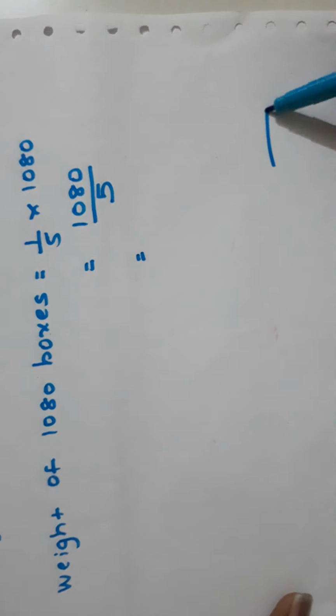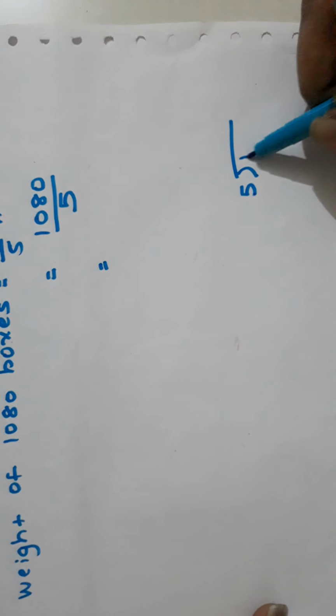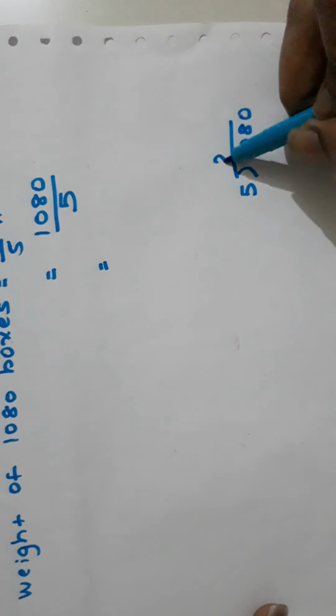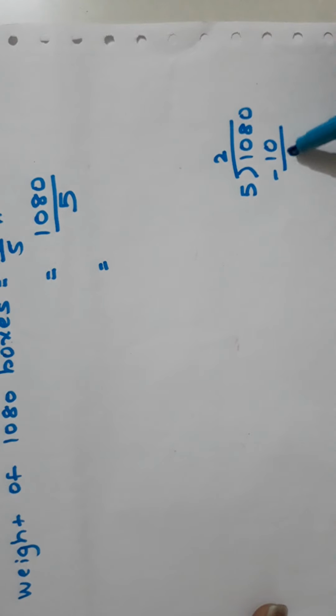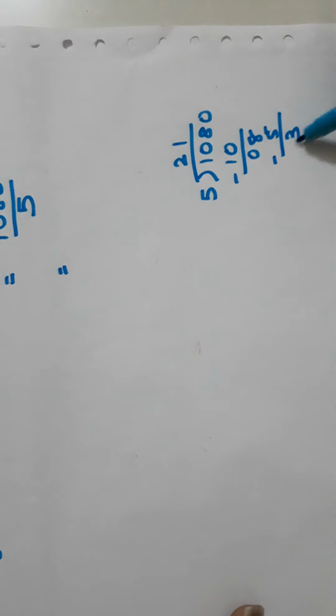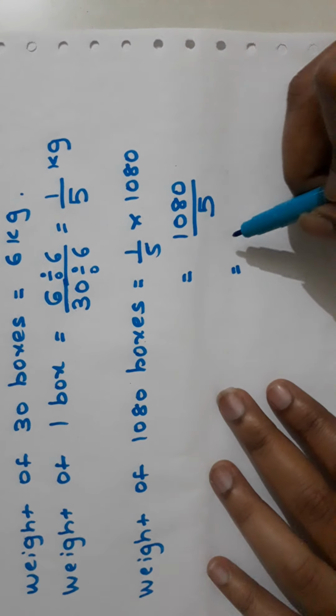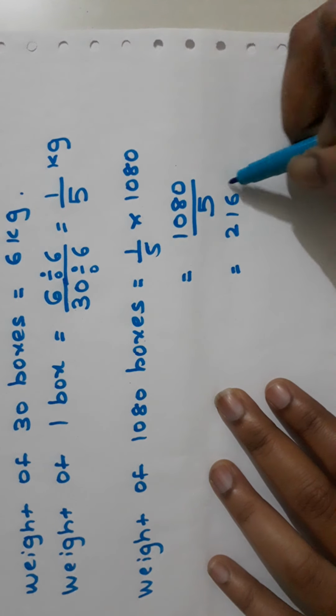Now let us divide 1080 by 5. 5 2s is 10. 0, 8. 5 1s are 5. 3, 0. 6 is 30. So the answer is 216 kg.